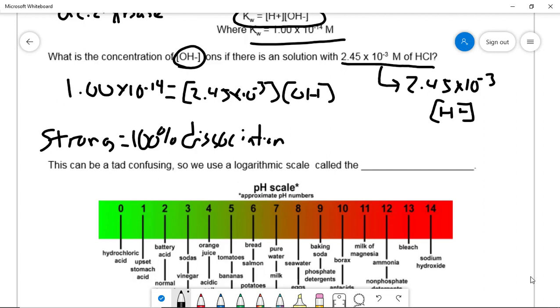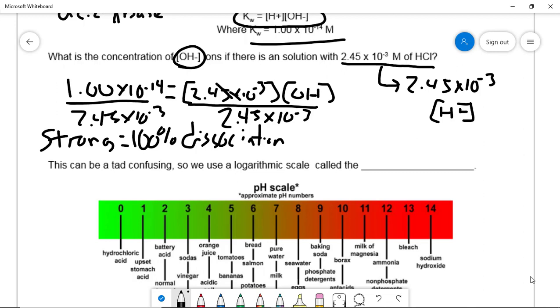Now all I do is divide on both sides, and I get my OH concentration.